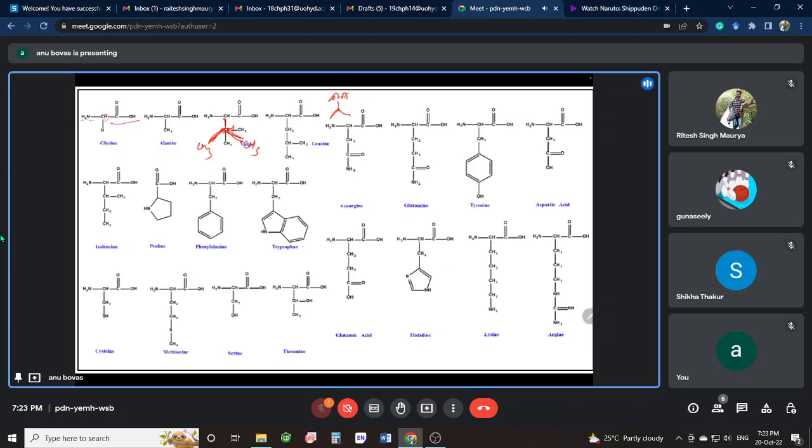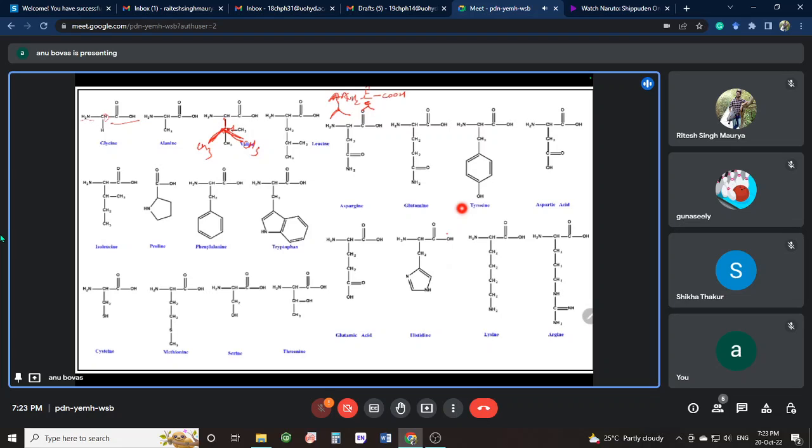This AA I am representing as carbon, COOH, NH2 and H. So in case of valine, what are we getting? One V. In case of leucine, one carbon will come in between and you have to fill up the valency. Then you will get the structure of leucine.